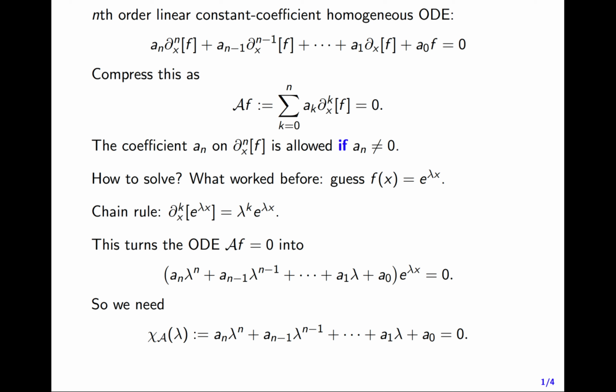And as before, I'm going to call this polynomial chi sub A of lambda, and that is the characteristic polynomial for my differential equation. The only difference between this characteristic polynomial and the one we saw with second order equations is that now I have an arbitrary nth order or nth degree polynomial, so it's going to require a little more work to solve.